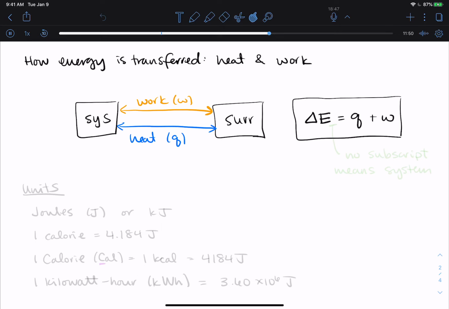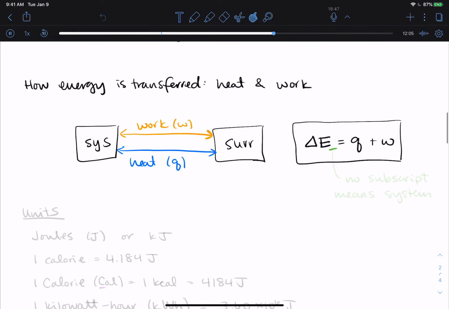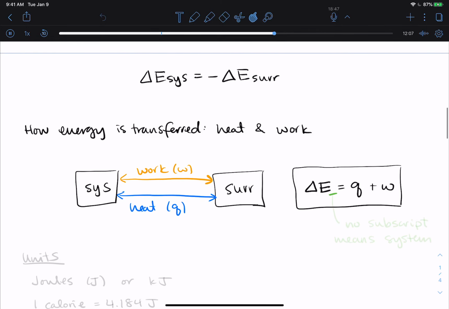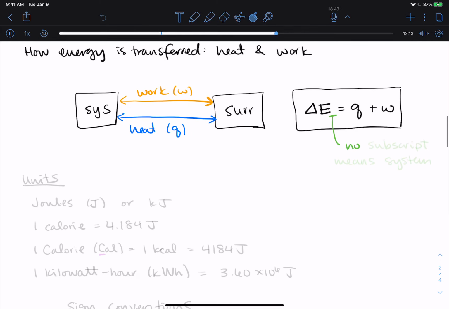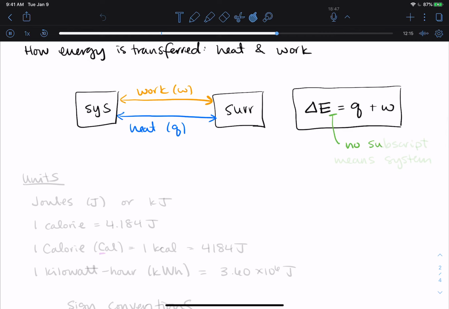And what you will find as a convention in pretty much every reading you look at, there's no subscript for this delta E. So we just had that delta E with a subscript of system is equal to the opposite of delta E with a subscript of surroundings. Here, the convention tends to be that we drop the subscript.